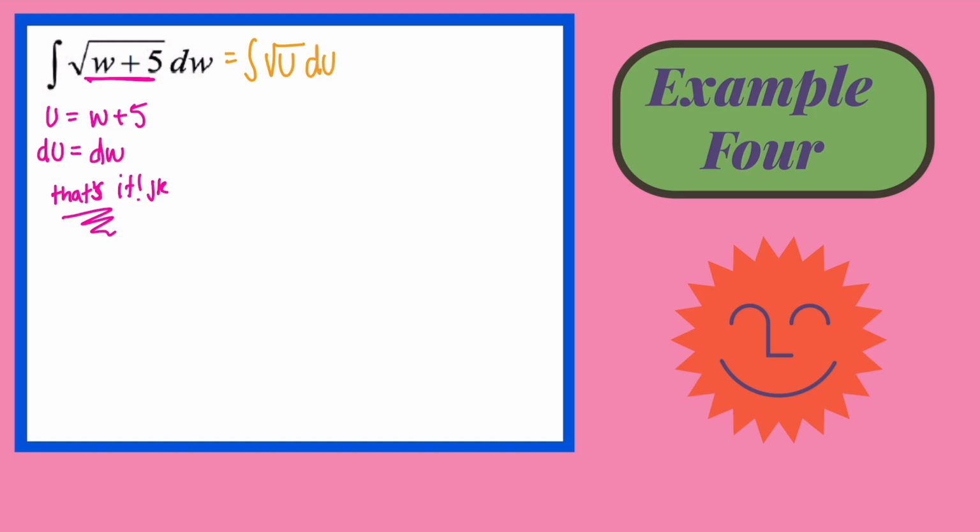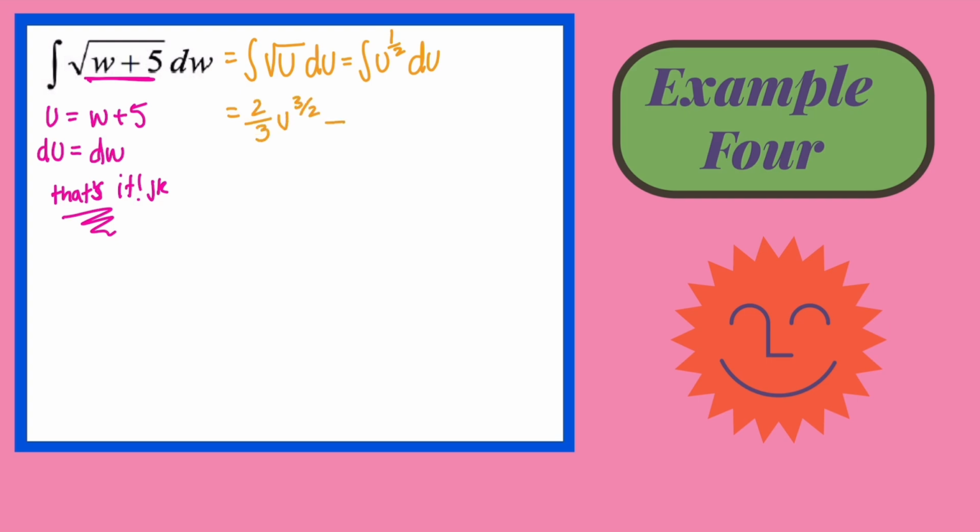It's going to be the square root of u times du, equals u to the 1/2 times du, and pretty much all we're doing there is rewriting it so it's easier for us to solve. Now we're going to find the antiderivative, and this is a simplified answer of it.